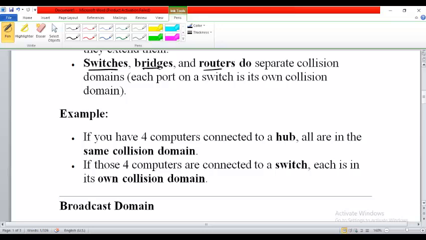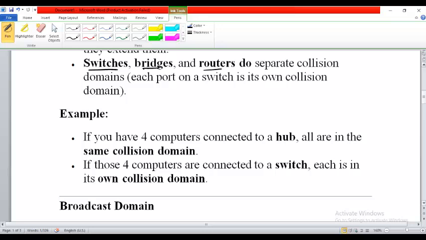That's how collision is controlled. If you have one common path, collision problem. You cannot have more traffic. But when every traffic can take a dedicated path by knowing where the destination is connected, there won't be collision. The collision is controlled.